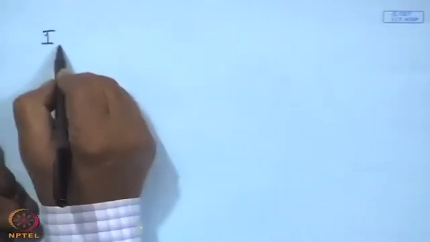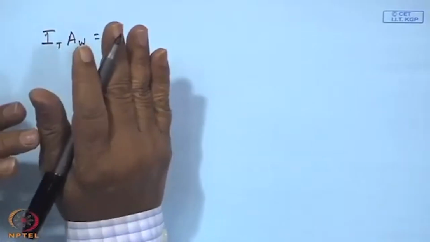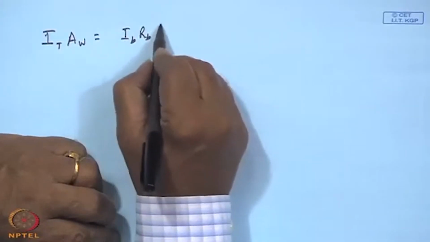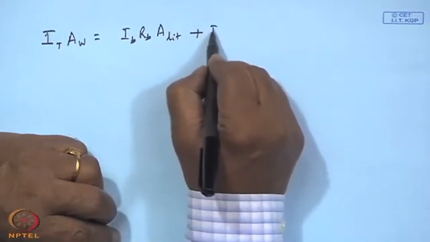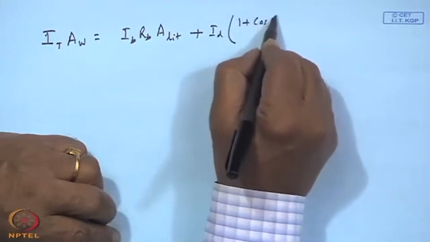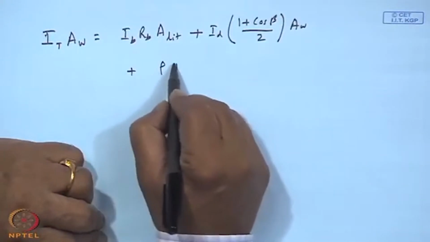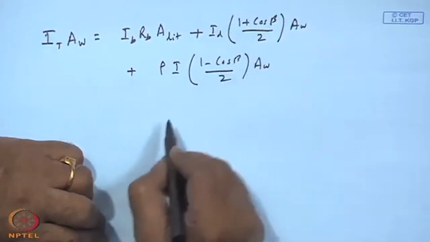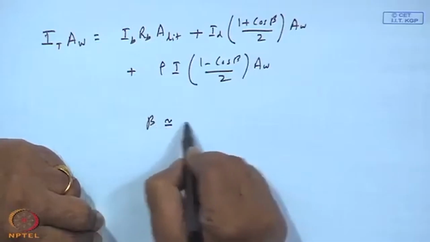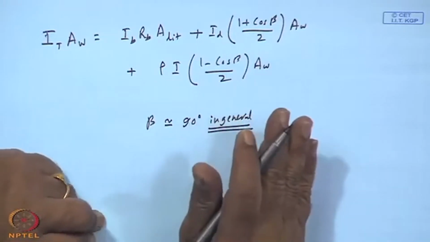So, if I try to write the solar radiation received by the window per unit area of the window, I t into A w is the total quantity of solar radiation that the window is receiving, which should be equal to I b R b multiplied by only the A lit, because the beam radiation does not fall on the shaded area, plus the diffuse radiation, I into 1 plus cos beta by 2 times A w, plus rho, the ground reflectance, multiplied by I into 1 minus cos beta by 2 into A w, where beta in general is 90 degrees, but it is not essential that beta be 90.